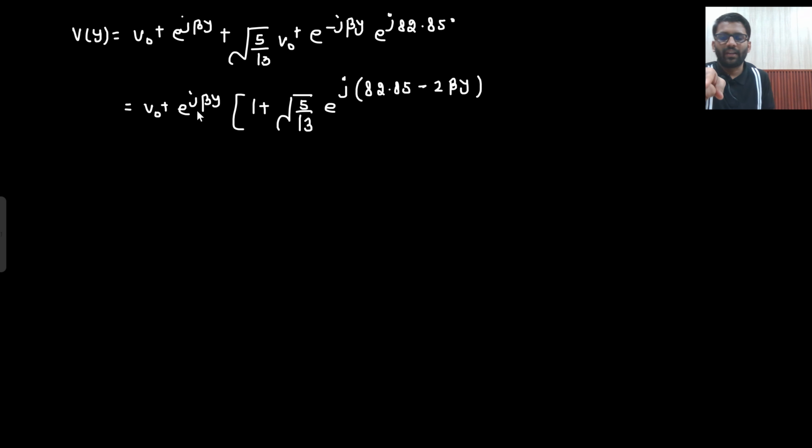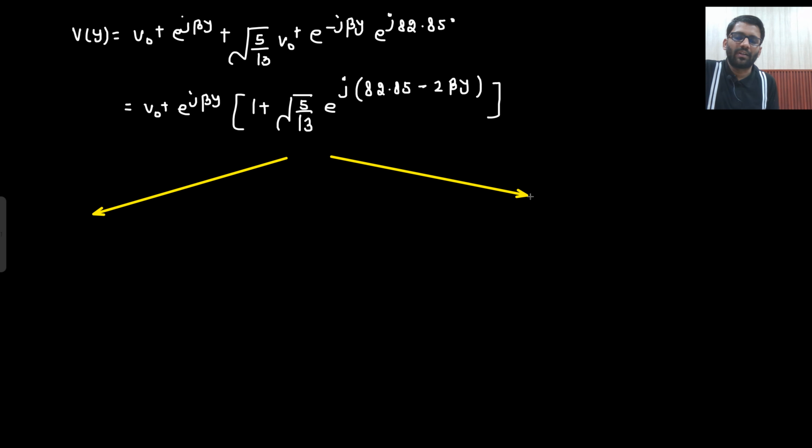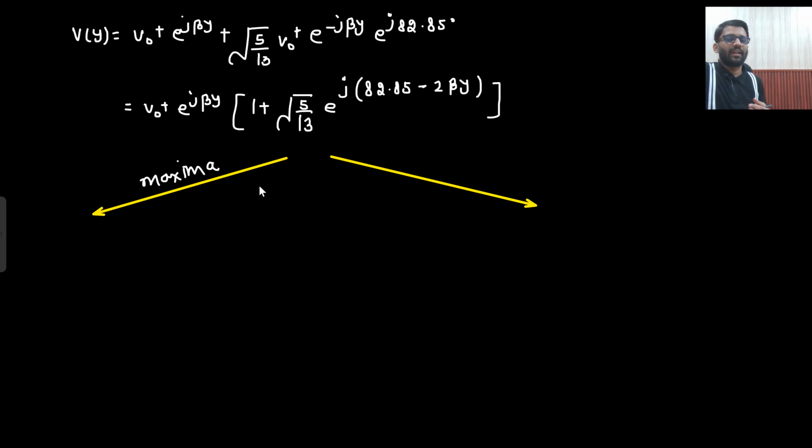If I take e to the power j beta y outward, then here it would be e to the power minus 2j beta y and 82.85 degrees there. Now if I ask you maxima and minima, I will only calculate maxima. From there I can get minima as well. So let's calculate the maxima.